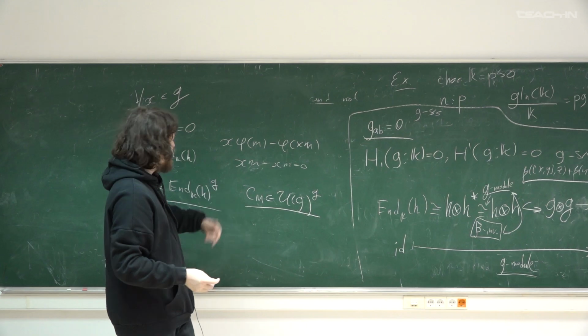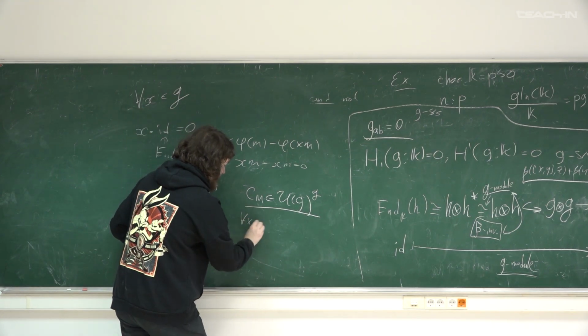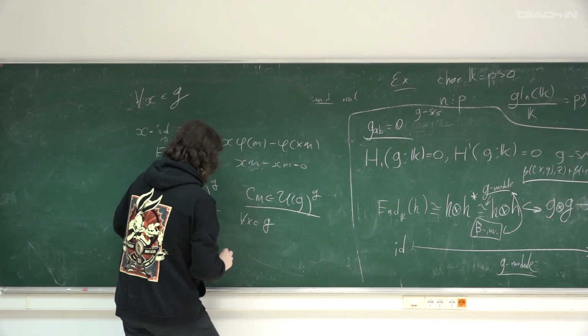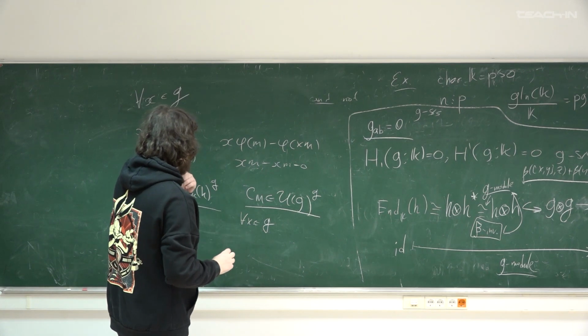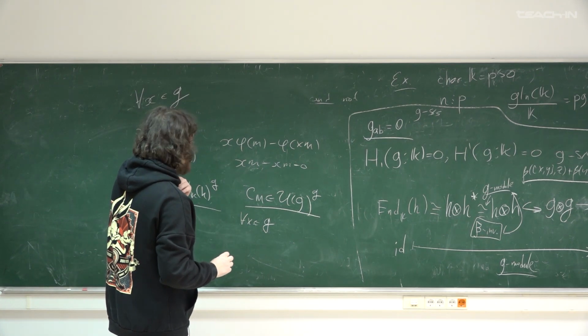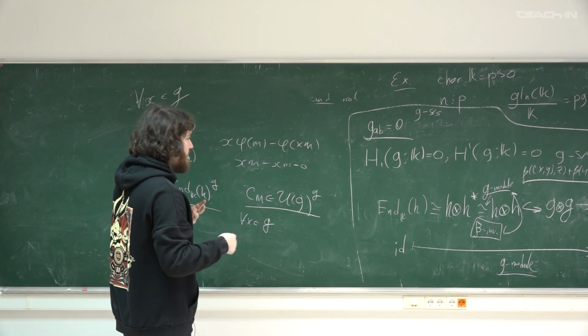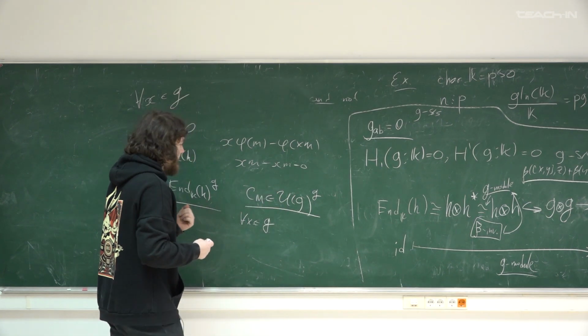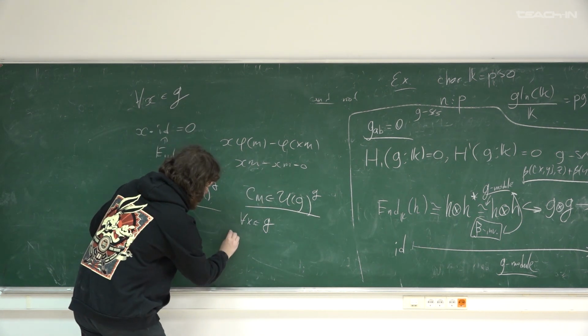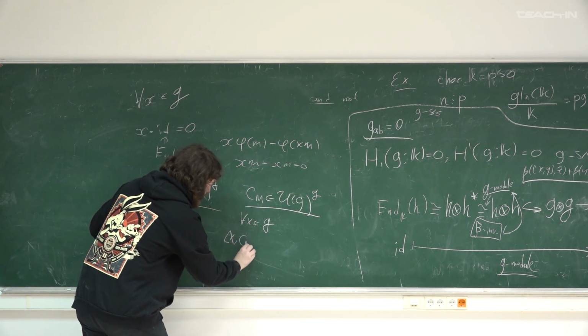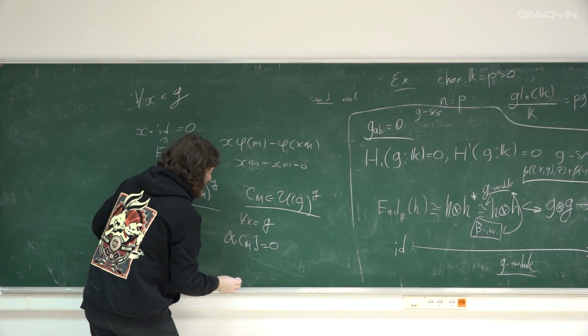Now, what does it mean? That means that for any x in G, the action of G on UG is 0. So x Cm is 0.